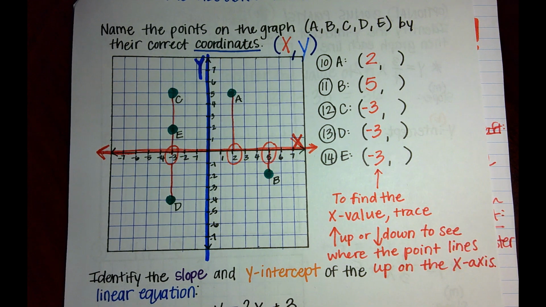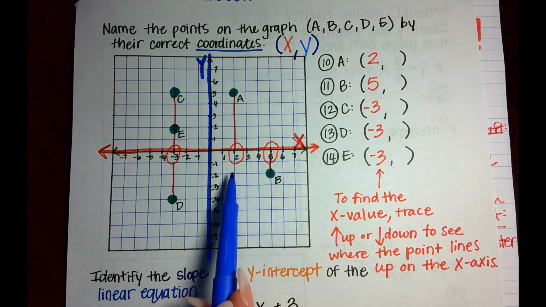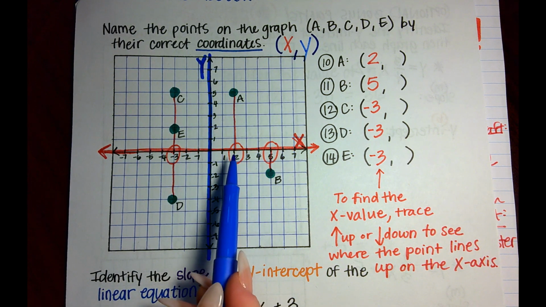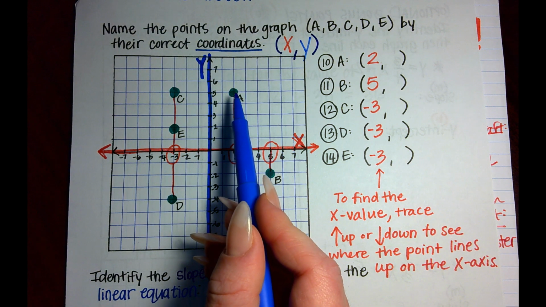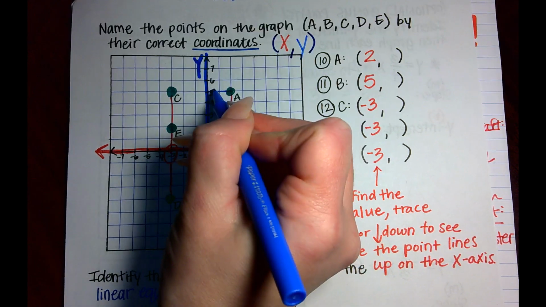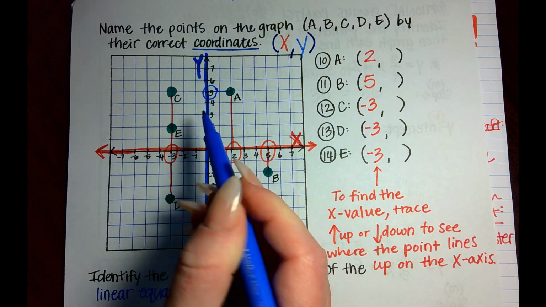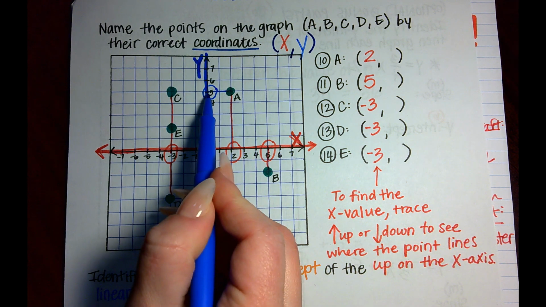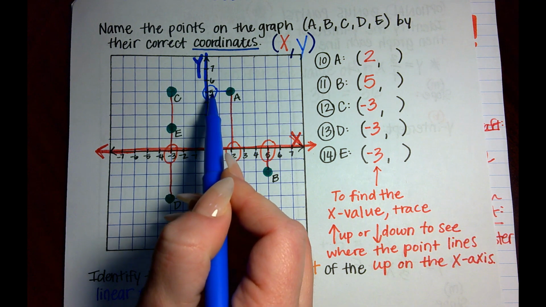So let's start with point A. For the x value, I would go down to see that it lands on 2. Where do you think I would go to find the y value? Over to the left. So I'm going to trace over, and what would my y value be for A? -5. So this is a little confusing because of this. This is a tick mark. It's actually +5.